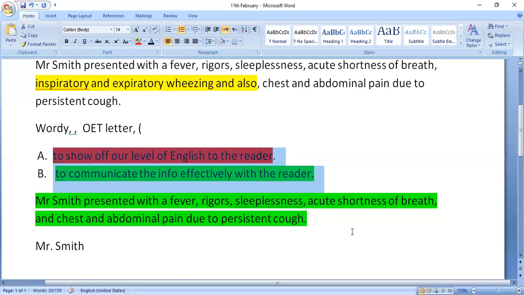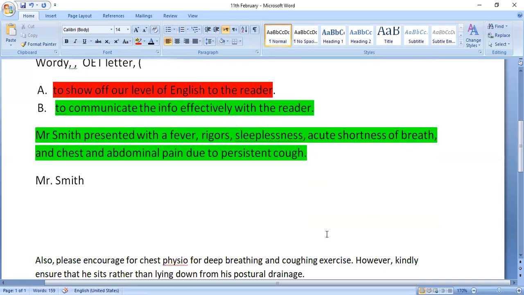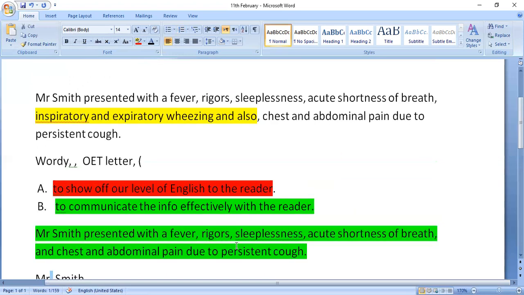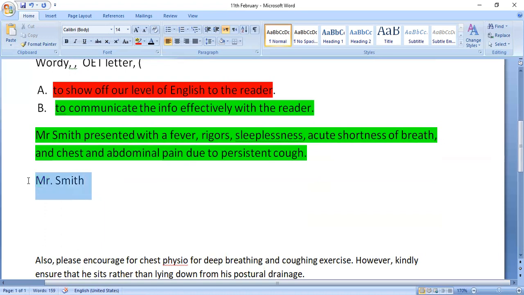Now let us move to the next sentence. Somebody was asking whether we should put a full stop here after Mr. There are two options: we can write with a dot or without a dot.